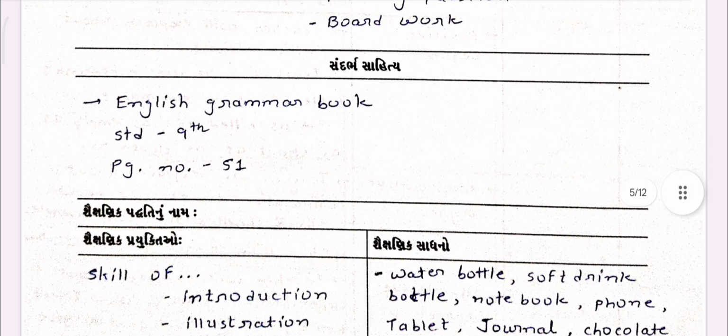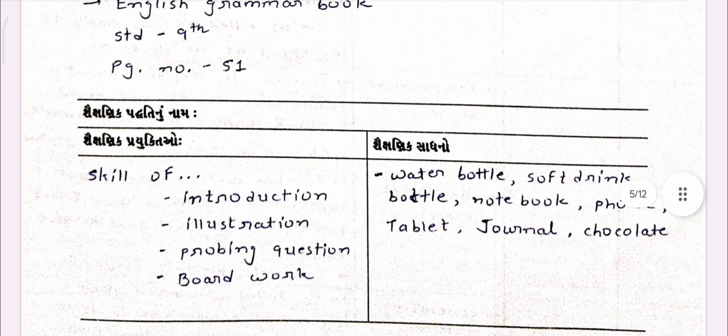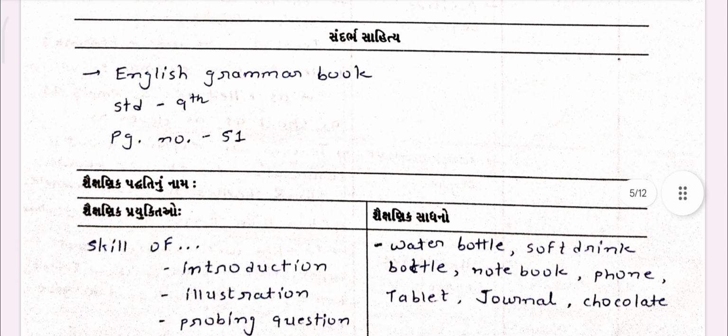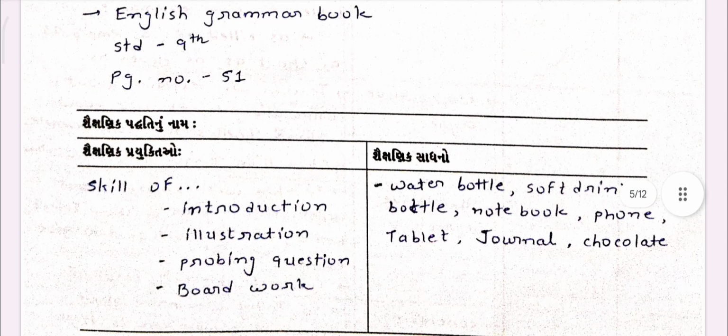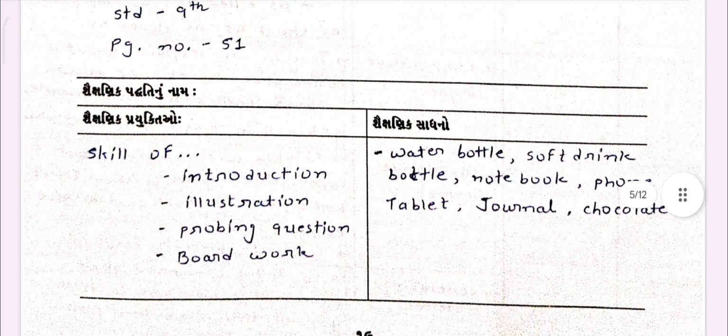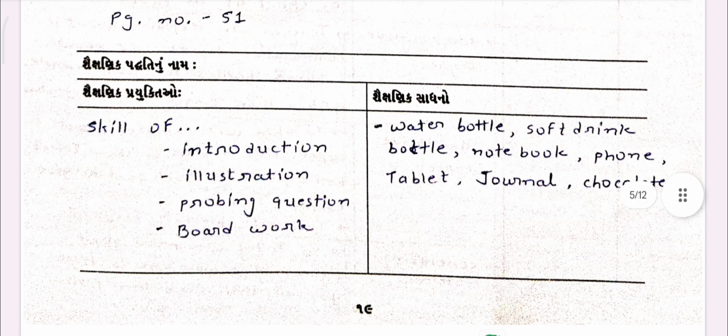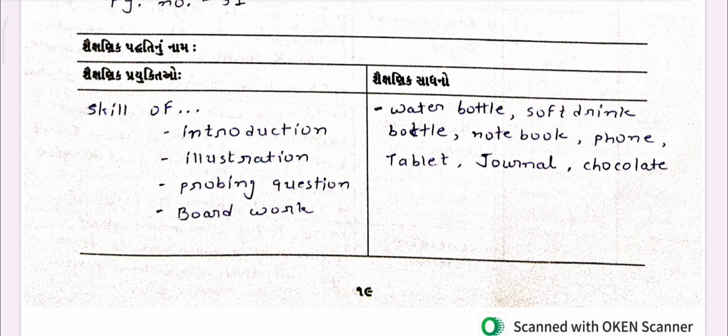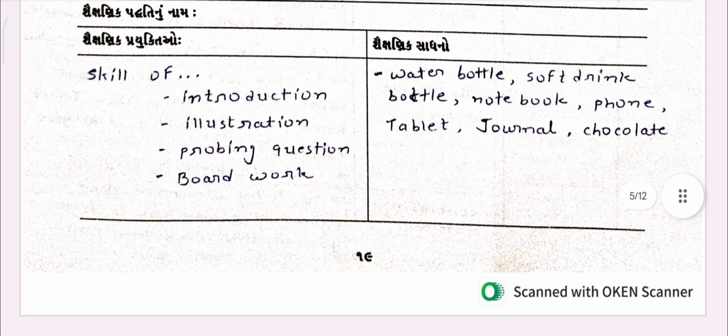Reference material is the English grammar book of standard 9th, and I have mentioned the page number. Teaching skills: we have to cover all the skills, introduction, illustration, probing question and board work. As teaching material, I have used a water bottle, soft drink bottle, notebooks, phone, tablet, journal and chocolates.